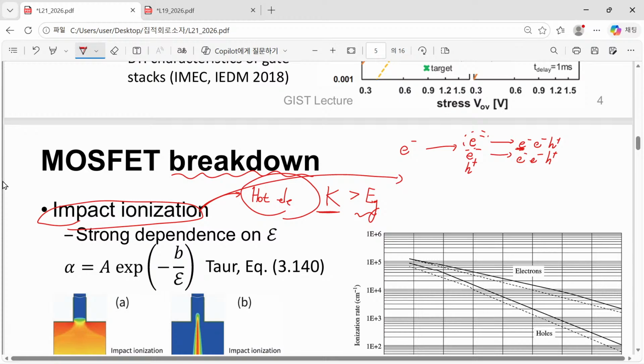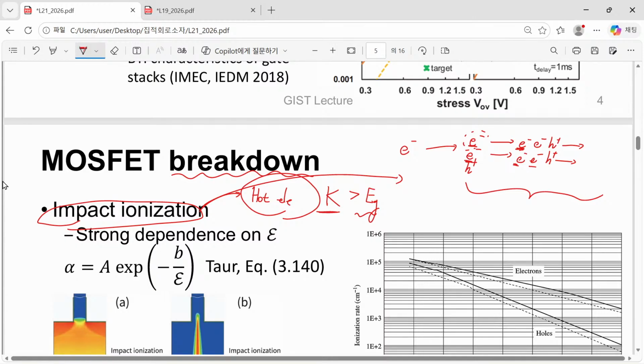This one is primary, and this one was previously a secondary electron, but now it becomes a primary one, and a new secondary one is generated. Simply speaking, if we apply sufficiently high drain voltage, then a secondary electron can work as a primary electron, so it can introduce a lot of electrons after a few steps of this chain reaction.